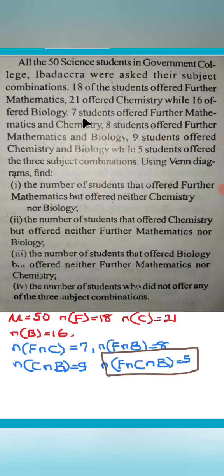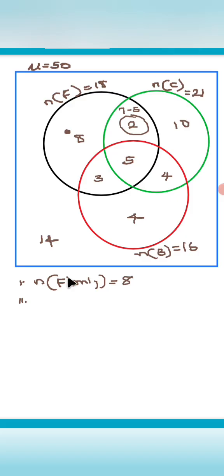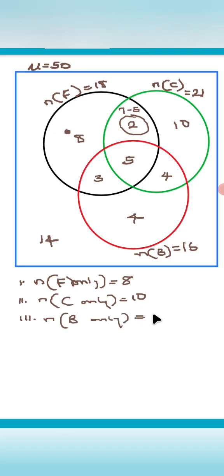Second, the number of students that offered chemistry but neither further mathematics nor biology, that is chemistry only. So chemistry only here is 10. And the third one is number of biology only, that is 4.